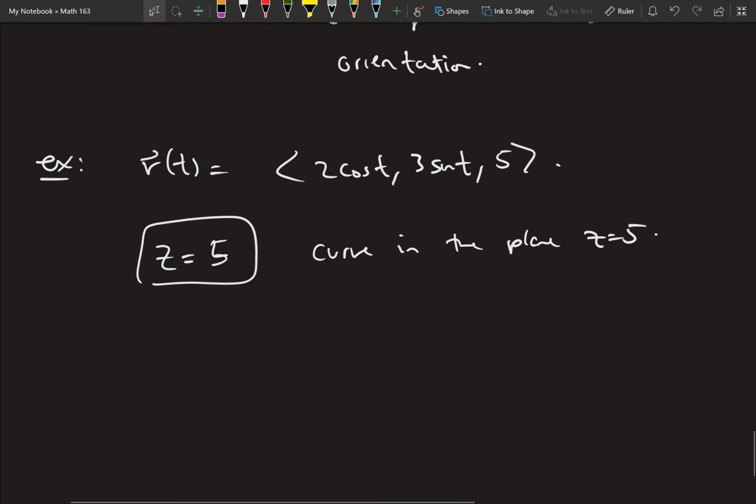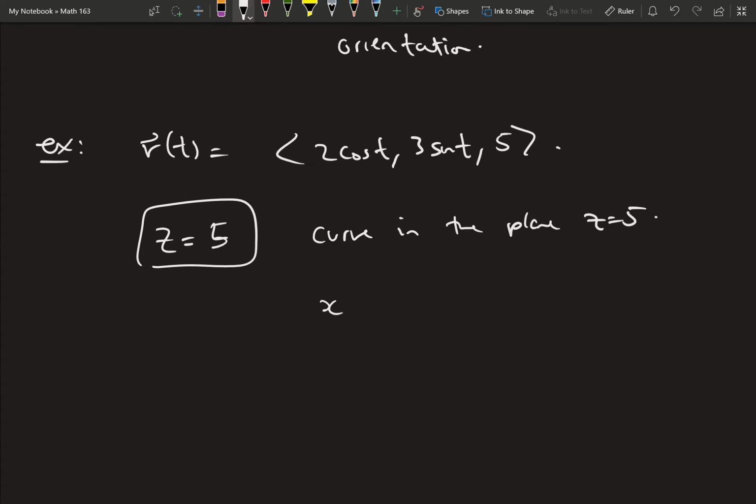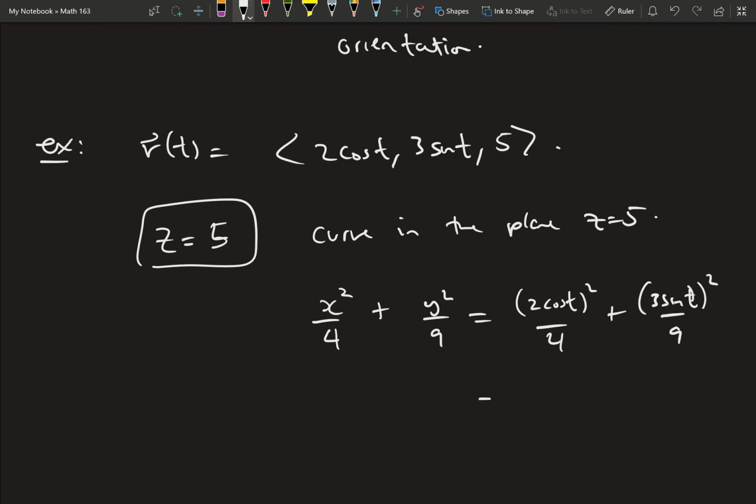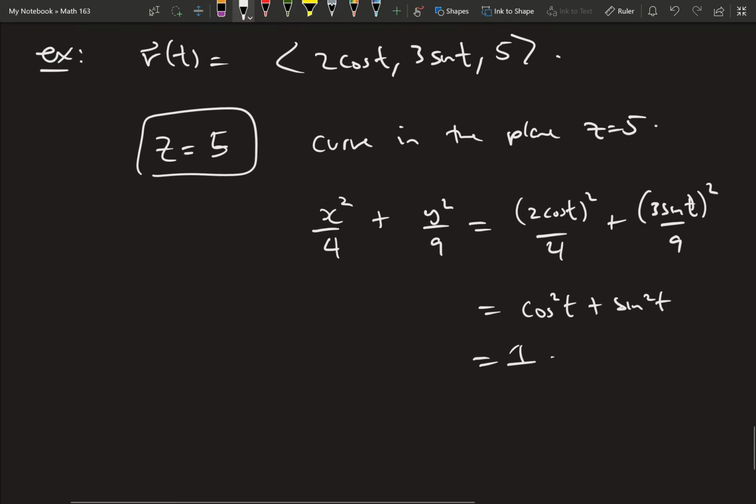On the other hand, we have 2 cosine t, 3 sine t. Notice that if you do x squared over 4 plus y squared over 9, this is equal to 2 cosine t squared over 4 plus 3 sine t squared over 9. This is equal to cosine squared plus sine squared, which equals 1. And so this curve corresponds to the equation x squared over 4 plus y squared over 9 equals 1, which is an elliptical equation.